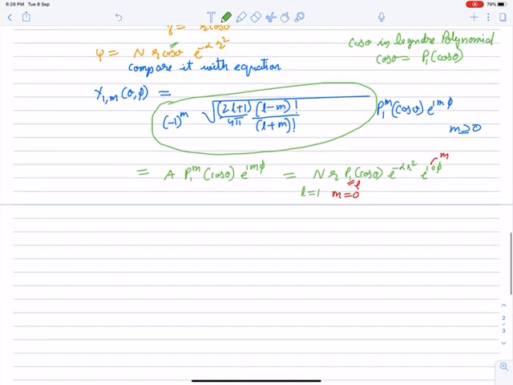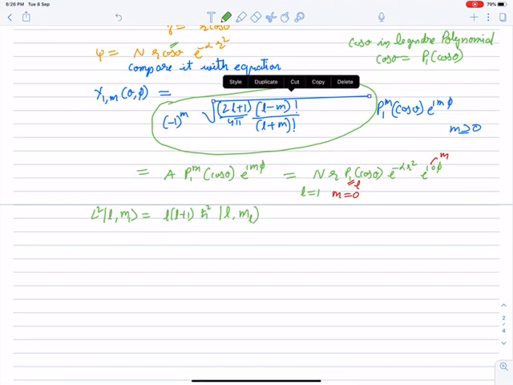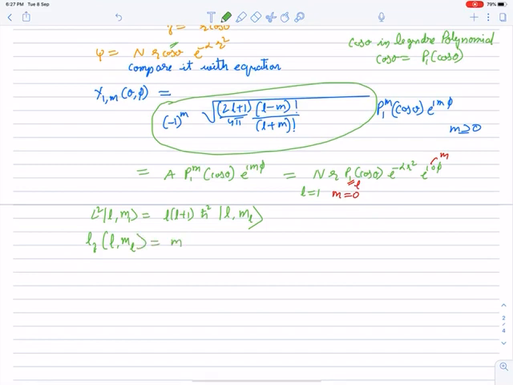Now writing the eigenvalues, L square has eigenvalues l (l plus 1) h cut square on |l, ml>, and Lz on |l, ml> is given by ml h cut.